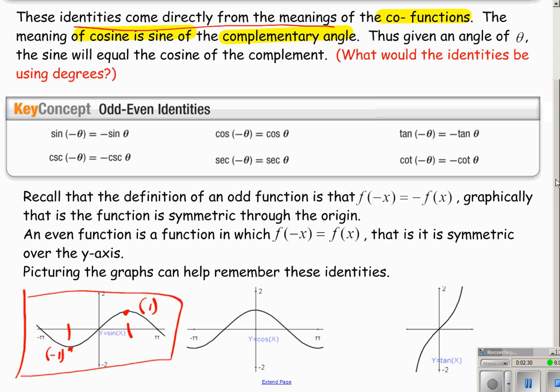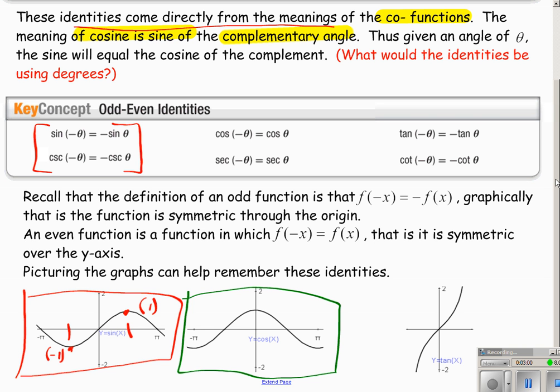Since sine is an odd function and cosecant is its reciprocal, that means cosecant will be an odd function also. So cosecant of negative theta is negative cosecant of theta. With the cosine, we have the graph right here, and we see that that graph is symmetric about the y-axis.